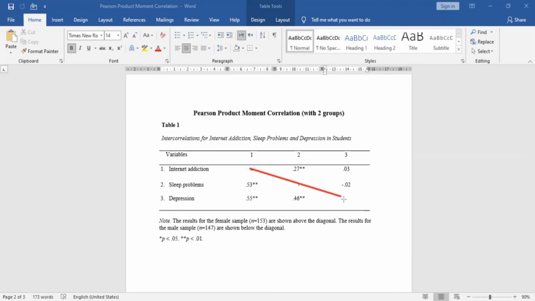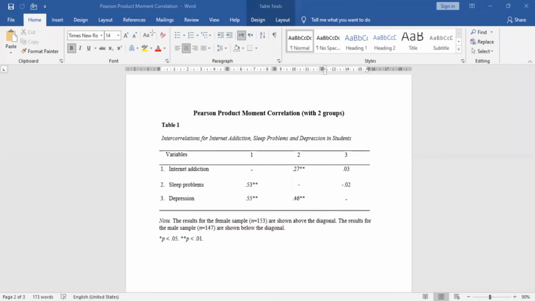In the below diagonal, we will provide correlations for one group, and in the upper diagonal, we will provide the correlations of the second group. So here is the upper diagonal. In the upper diagonal, we have given the correlations of the female sample, and we will also write this in the note section.